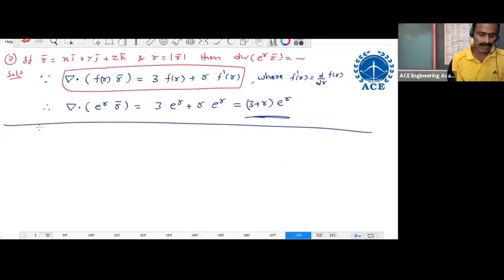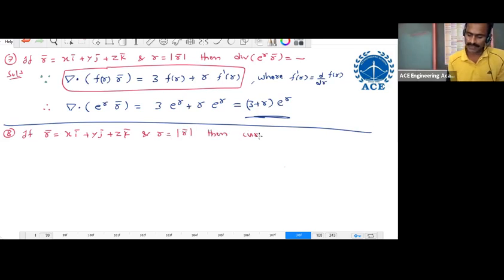Next, problem number 8. If r bar equals xi bar plus yj bar plus zk bar and r equals modulus of r bar, then curl of r power 4 into r bar equals. This 8th problem is similar to the previous 2 problems only.